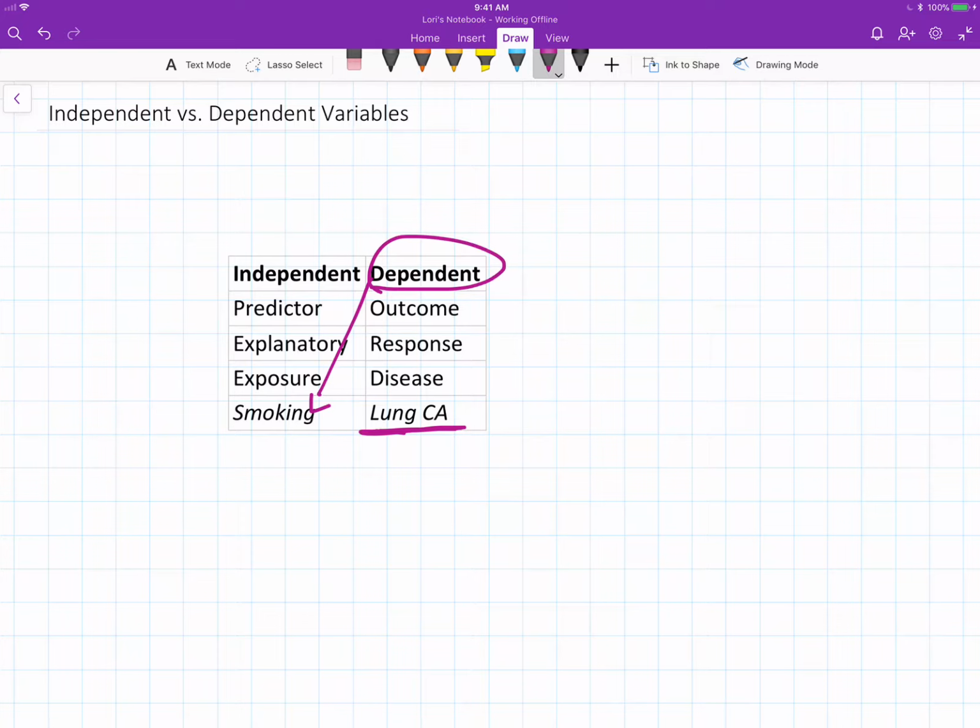Another thing that you'll run into is that when we're doing mathematical equations, the dependent variable is the y and the independent variable is the x. So if you remember in math class, the equation for the slope of a line, y equals mx plus b, we'll get to the point where you actually see that.